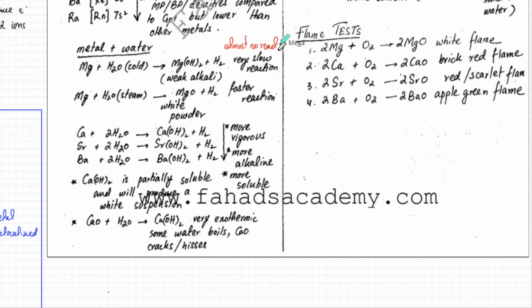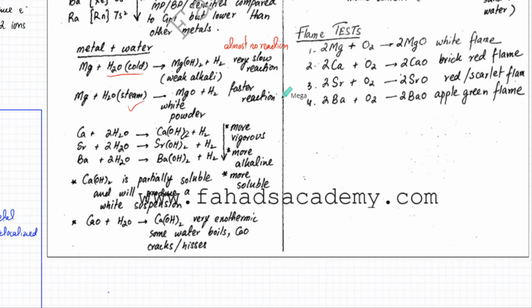But with steam, it's going to react. It's going to be a relatively faster reaction. And the reactions become more and more vigorous when you go down the group. Calcium has a slow reaction with cold water, but it becomes more vigorous.